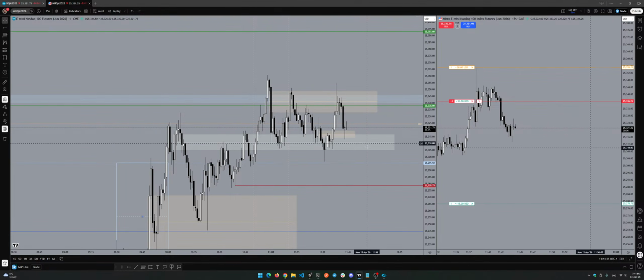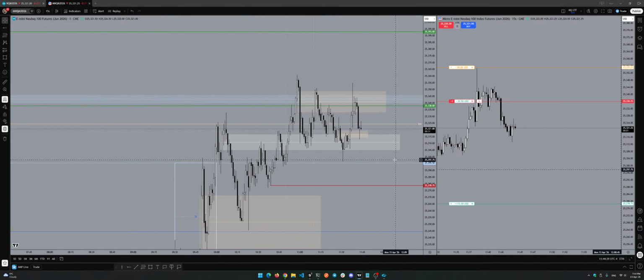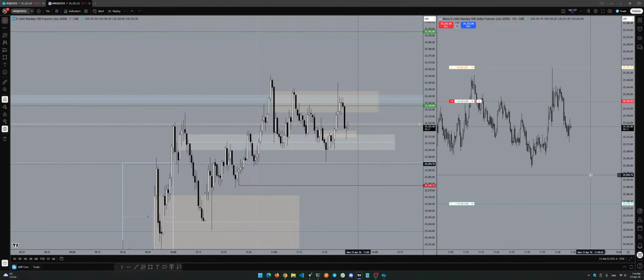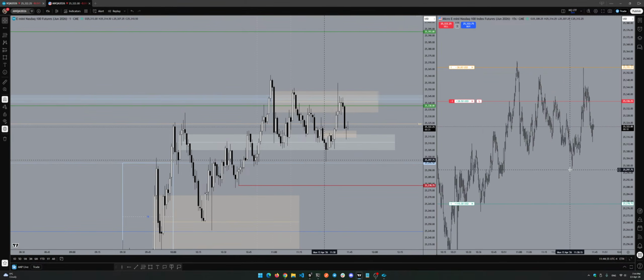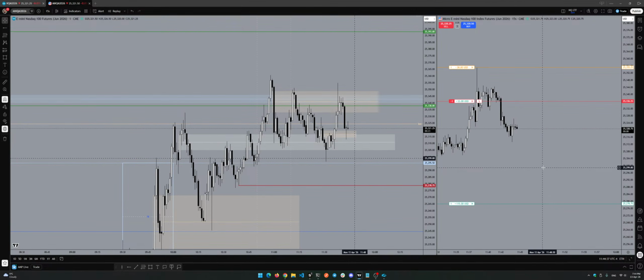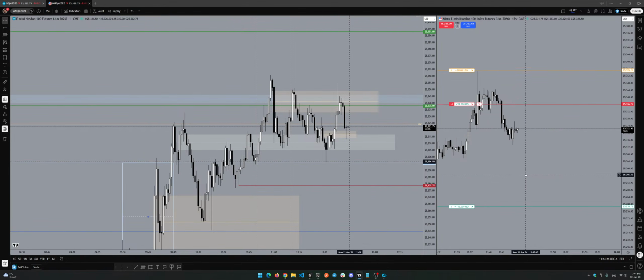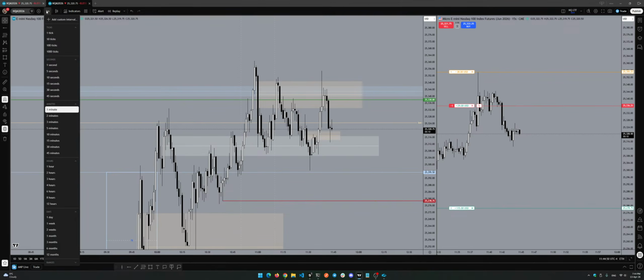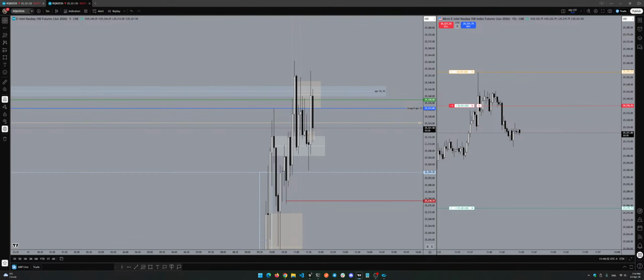Yeah, respecting the silver FVG. But I want to wait for a couple of minutes to see how it reacts to this level in 5 minutes. It doesn't look too bad.